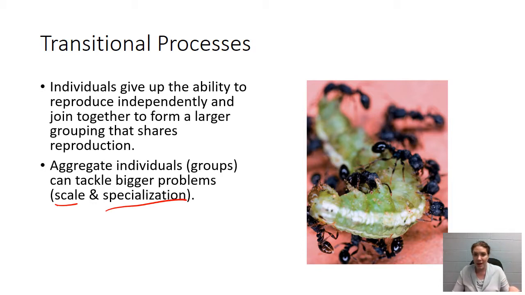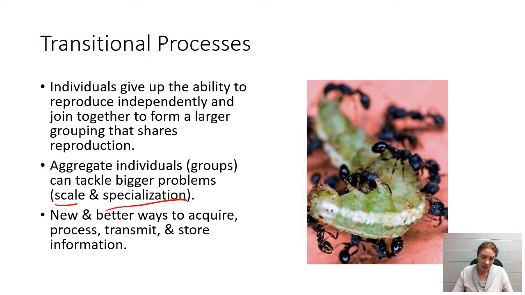And the whole idea behind this is, again, the bigger and more complex something is, the bigger and more complex problems it can address. This also offers us new and better ways to process, transmit, and store information. And I'm going to have to go back and relabel that. Economies of scale.